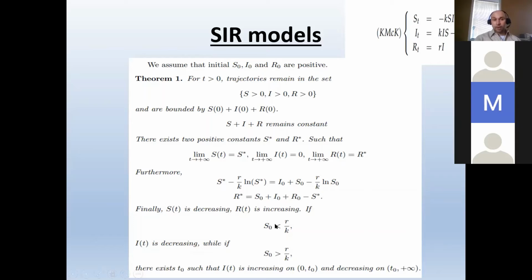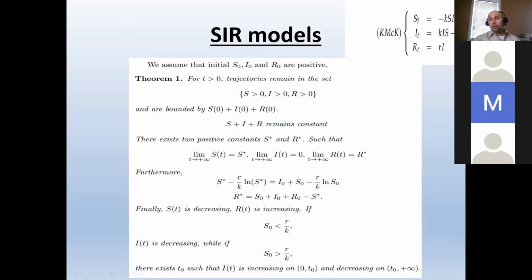S0 is my initial condition. So S, I wrote here S, but it should be S of t, right? From here, it's S of t, I of t, R of t. Often we don't write the t, but it is S of t. While here, it's a number. It's my initial condition. So when you have these dynamical systems, by Cauchy's theorem, you get existence and uniqueness if assumptions are verified, but for given initial conditions.